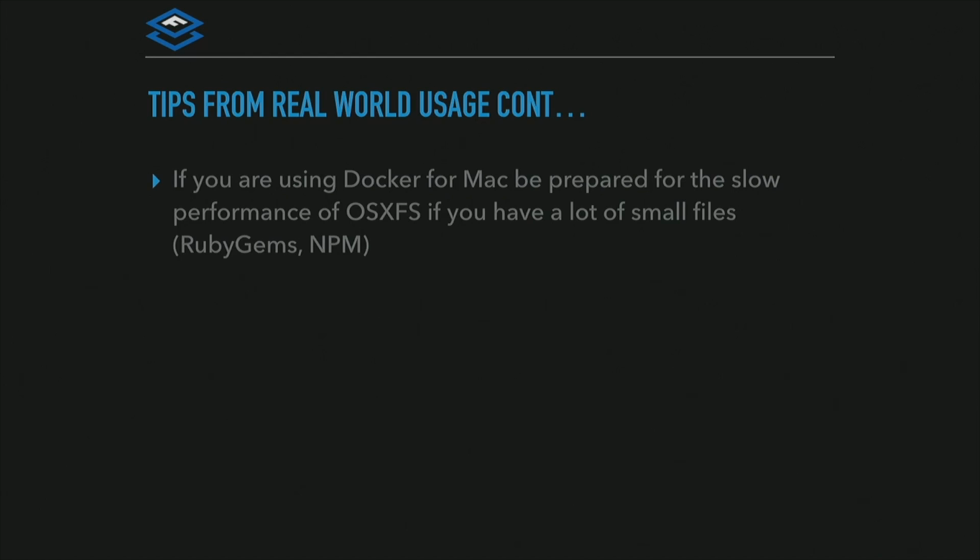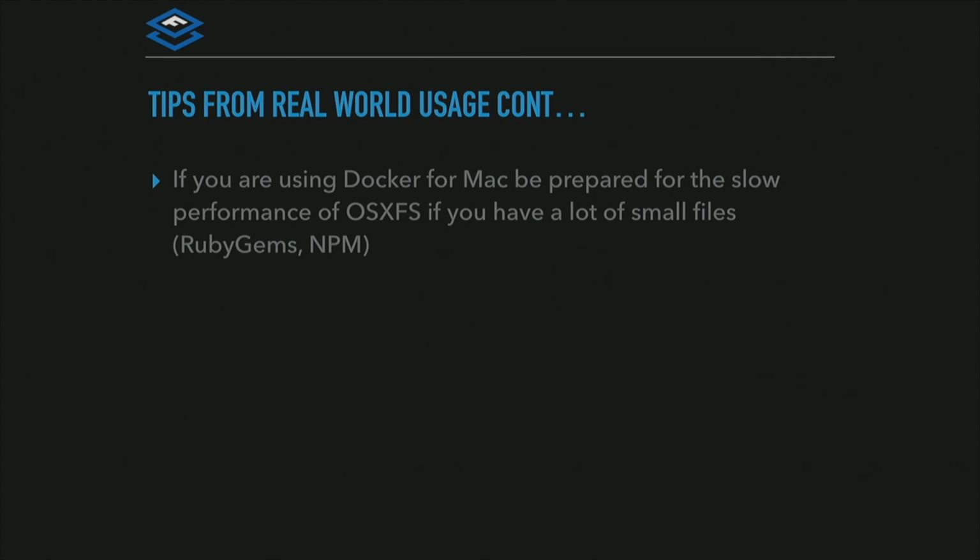All right. So the big concern is if you're using Docker for Mac, be prepared for slow performance of something called OS X FS, which is included with Docker for Mac and handles the native file system volume mounts.